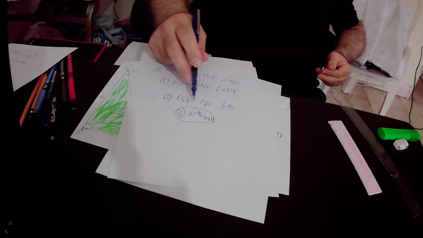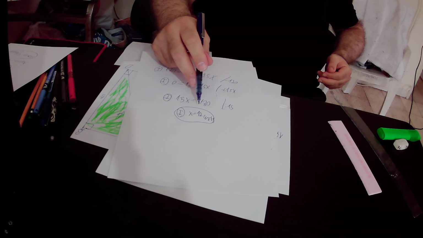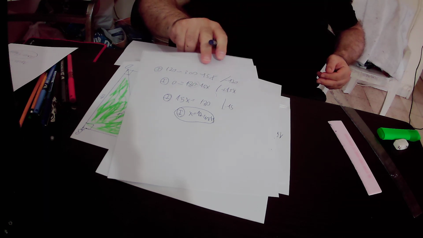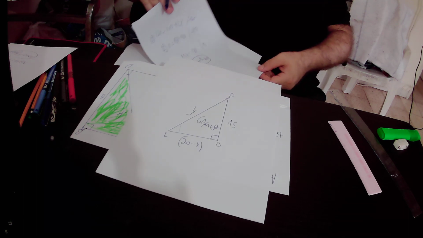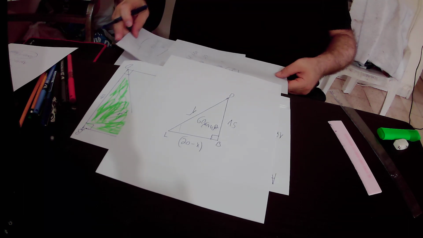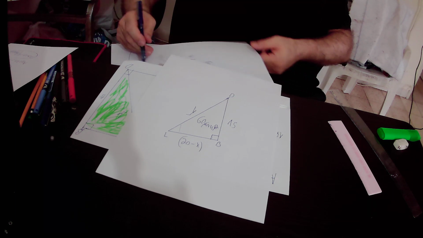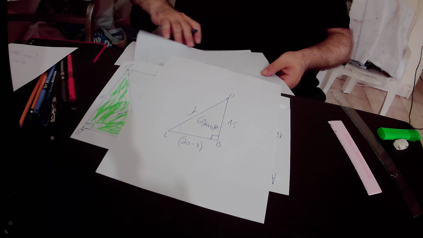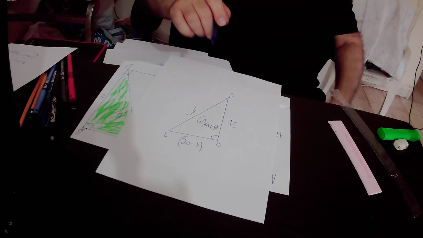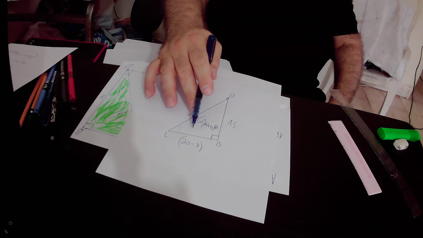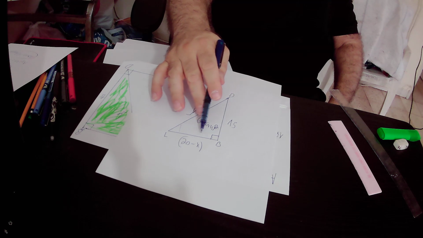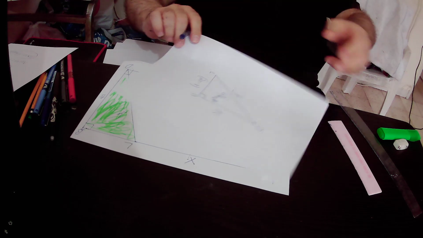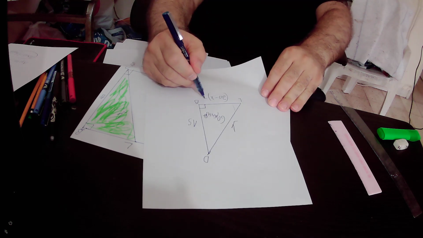So x equals 12 units. So we know that x equals 12 units, so 20 minus x is 20 minus 12 equals 8.